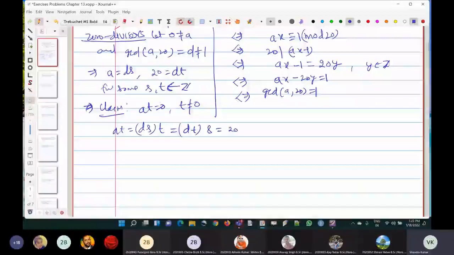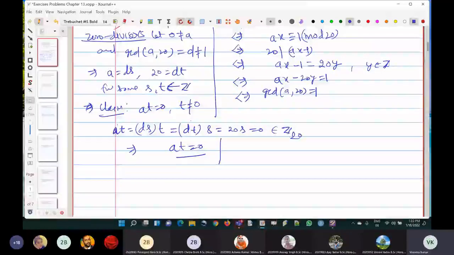So 20 times s, because it is a multiple of 20, is going to be 0 in Z20. This implies that a times t equals 0.